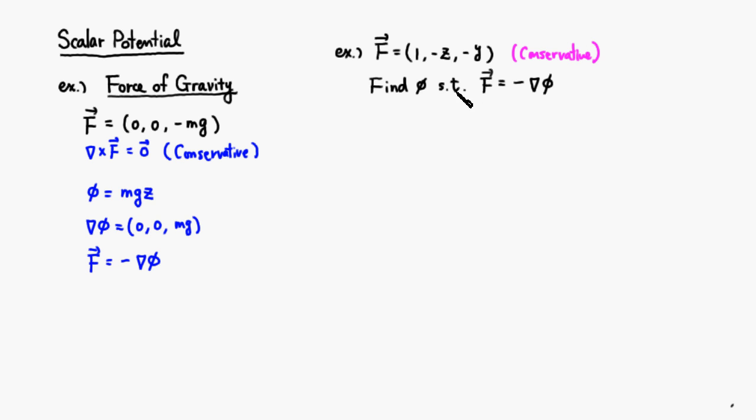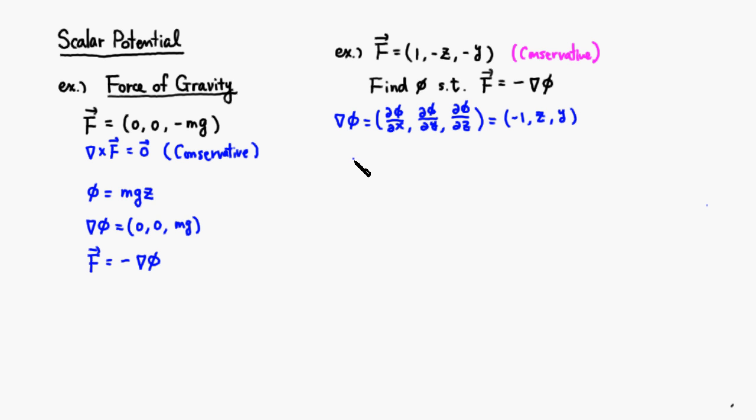Let's try to find the scalar potential. We know that we want the gradient of phi, which is the partial of phi with respect to x, comma, the partial of phi with respect to y, and the partial of phi with respect to z. And we want this to be the negative of this force field, so it's going to be negative 1, z, and y. Then we start by trying to find phi from here.